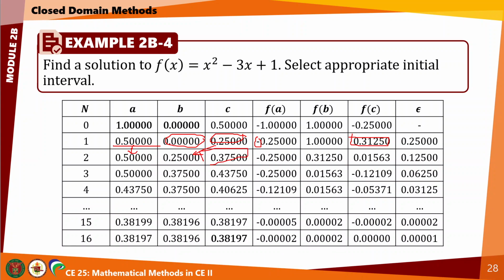So for this case, 0.375, and then substitute each to the function. Ito yung makukuha. Okay, again, positive ulit ito. So, piliin natin or i-retain natin yung negative. So, si A yun. Okay, so si A pa rin 0.5. Si B, yung previous midpoint. Okay, so calculate ulit yung bagong midpoint, function values.